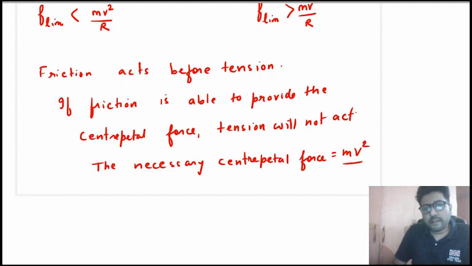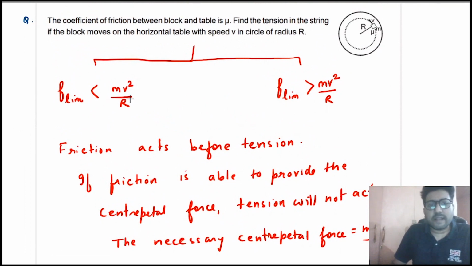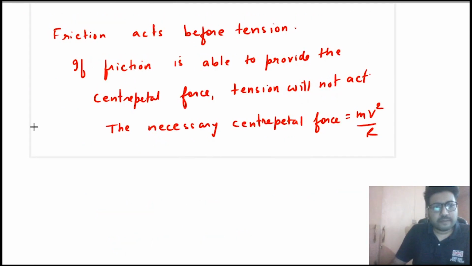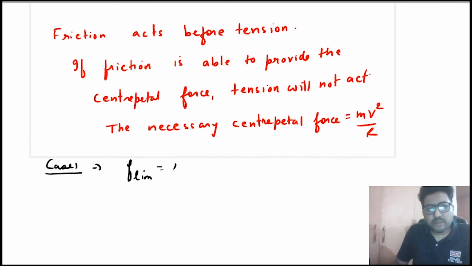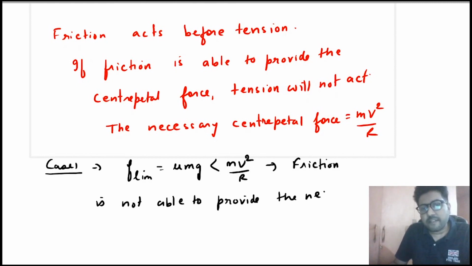So in case 1, if F limiting is less than mv square by r, that means in this case friction is not able to provide the necessary centripetal force. In case 1, F limiting, that is mu mg, because normal force is equal to mg, is less than mv square by r. So in this case friction is not able to provide the necessary centripetal force by itself.